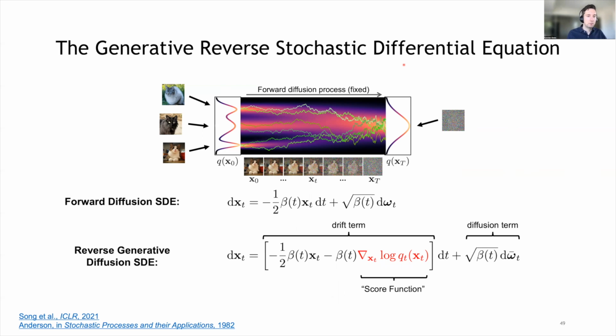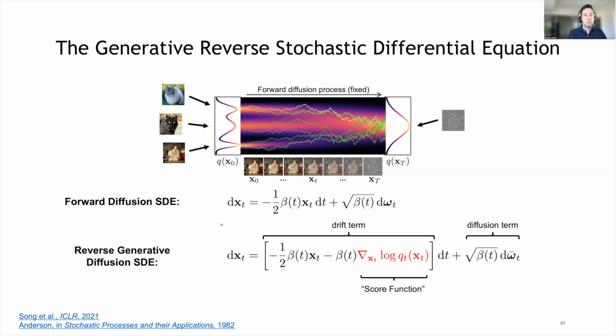There is this result described by Anderson in 1982 and then used in Yang Song's ICLR paper last year, which says that if there is a forward differential equation of this form, a forward SDE, then there is a corresponding reverse stochastic differential equation that runs in the other direction, but tracks the exact same probability distribution. So really the reverse direction, which generates data from noise and not noise from data.